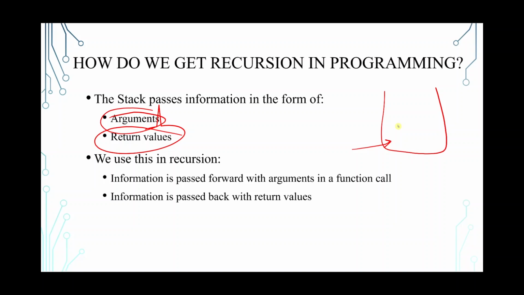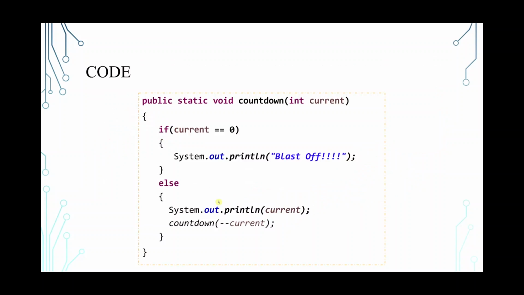We use this in recursion because information is passed forward with arguments in a function call, and information is passed back with a return value or return values, depending on your algorithm. So for example, let's say we have this code, and it's a recursive function.